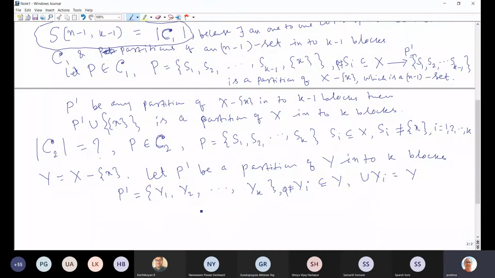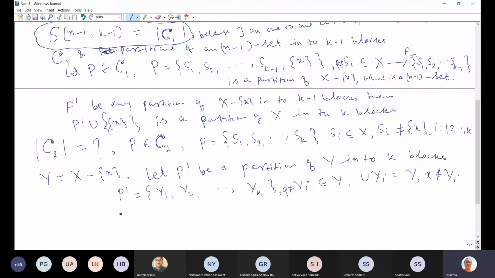So, given any partition P prime of Y, the element X is not there in any of these subsets Yi, for any i.